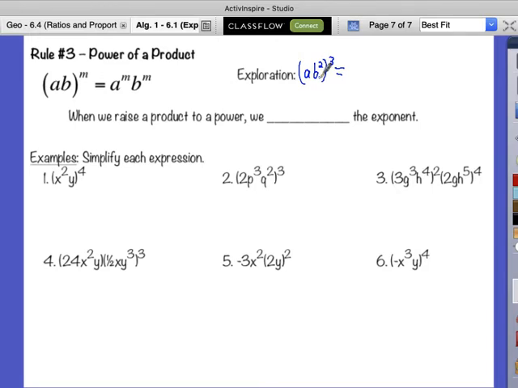So what do we have 3 of? ab squared. So ab squared times ab squared times ab squared. That's what this means. There's 3 of whatever is here being multiplied together.